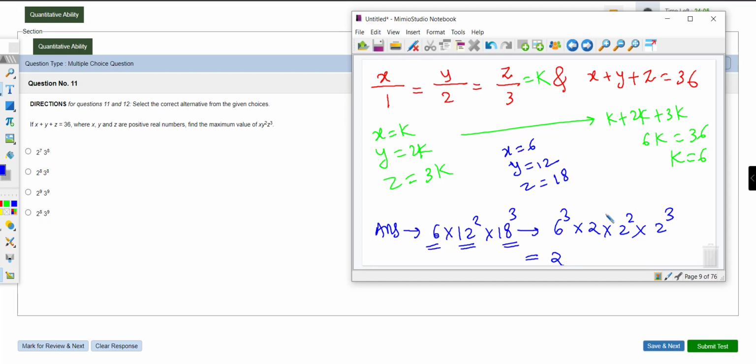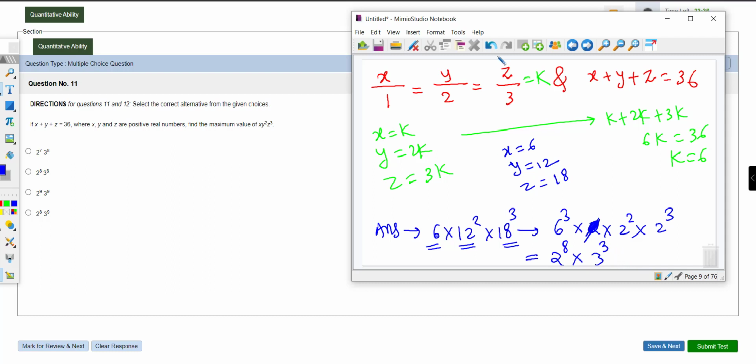Let me check it again. This 2 should not be there. So 2 to the power 3 plus 3, 6 plus 2 is 8, 2 to the power 8 into 3 to the power 3. No, again I made some mistake.